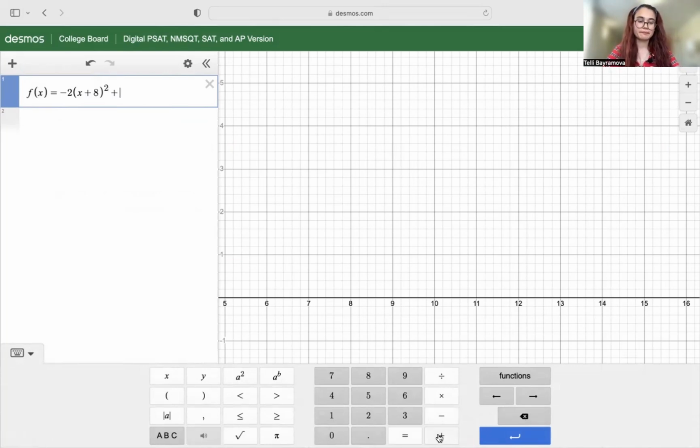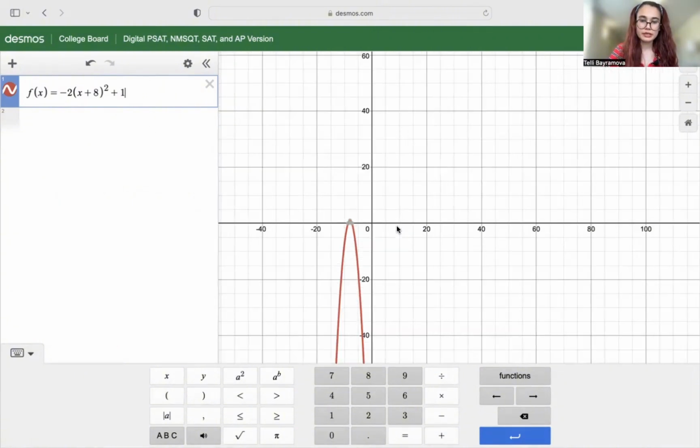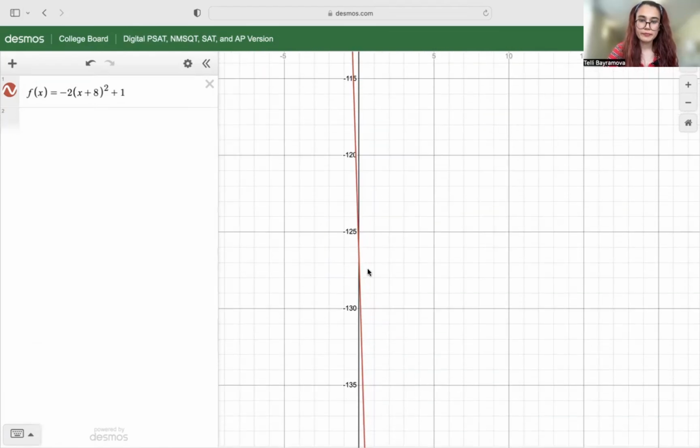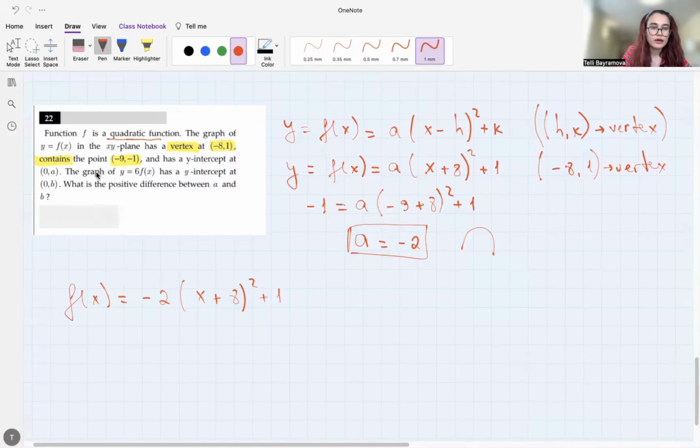So what is the y-intercept? Or you can find f of 0, negative 127. Negative 127 is the y-intercept. So the y-intercept is (0, a). In this case, it will be (0, negative 127).